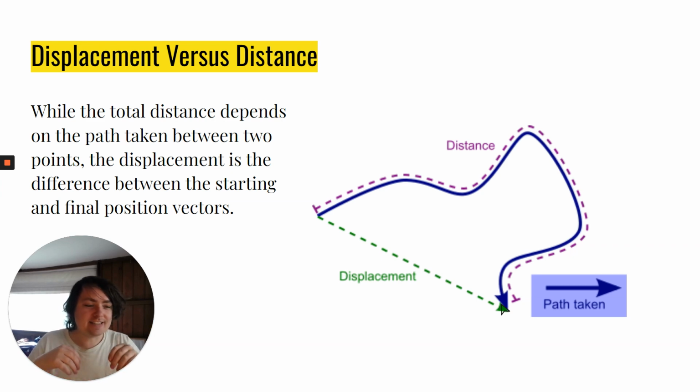And so the distance would be you crossing over all of those hills, while the displacement would be what a bird would do. It would just fly from one point to the next. So that's the way that I see the difference between distance and displacement. And you might say, oh, well, birds can't go underground, but just go with the same idea, no matter which direction you go.